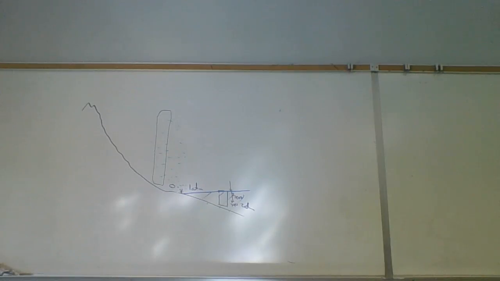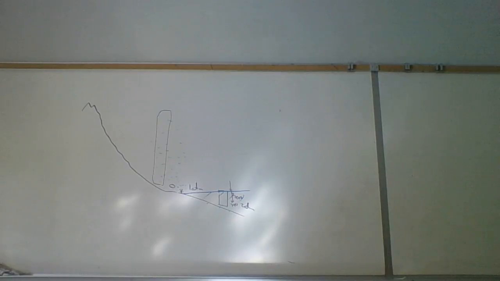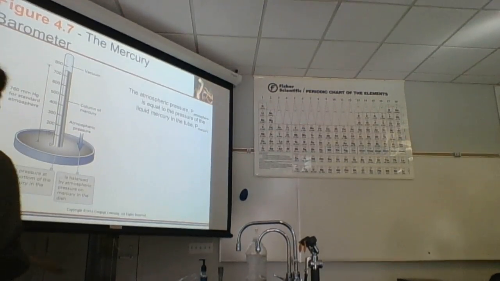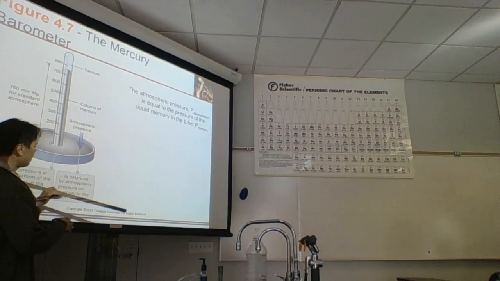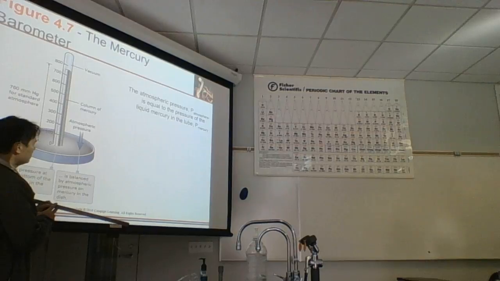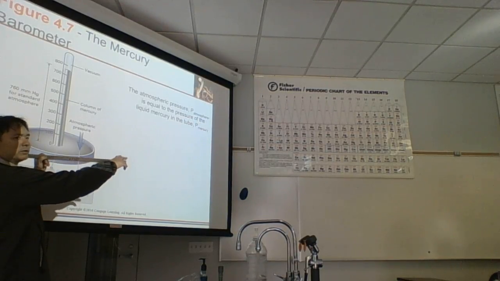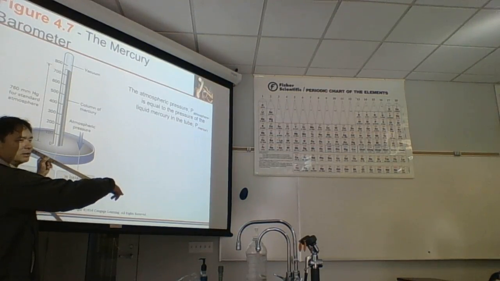But it's done in this way. How do I weigh the air? Well, I weigh the air with a barometer. And the barometer acts like a balance in this way. We have one pan, we put the air, the atmosphere, on.